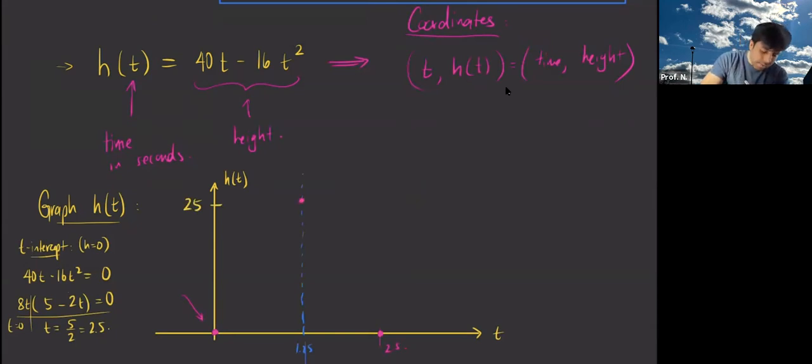So then this would be the graph. And again, this is time, and this is height. So at 1.25 seconds, the height is 25 feet.